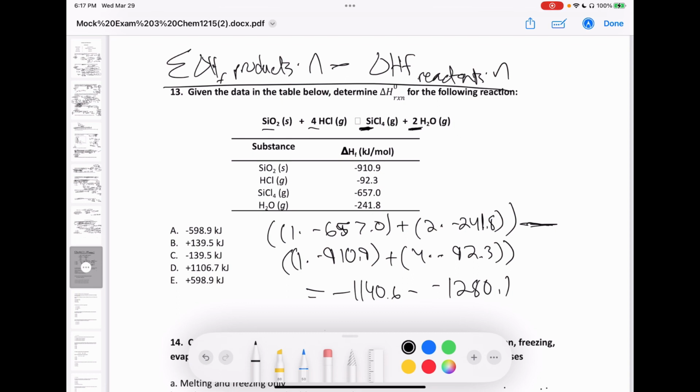Does that look fine? Yeah, it's probably fine. These two negatives are going to make a positive, and then you'll get a positive 139.5 kilojoules for the reaction, which corresponds to answer choice B.